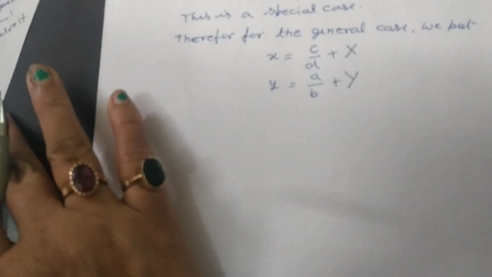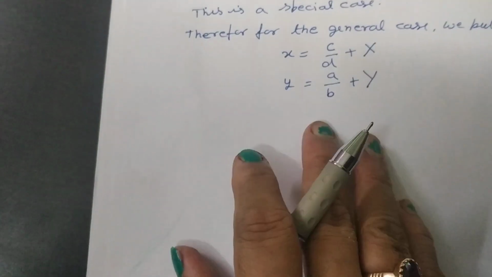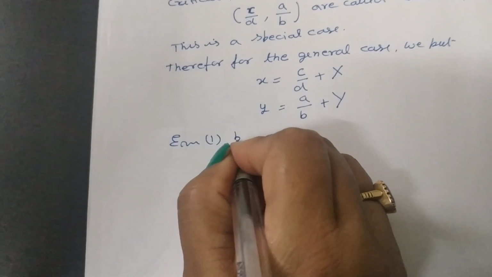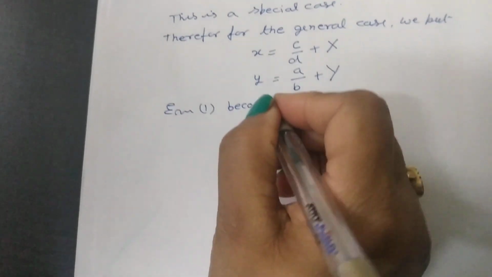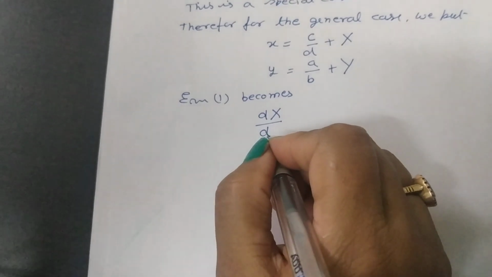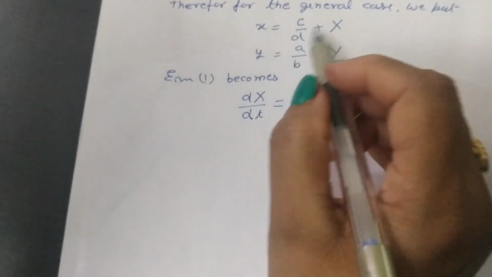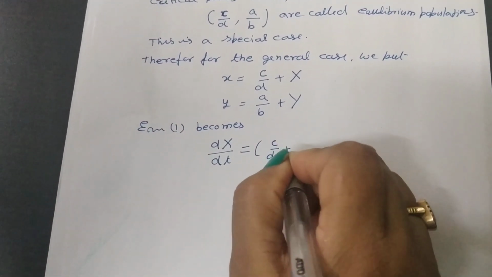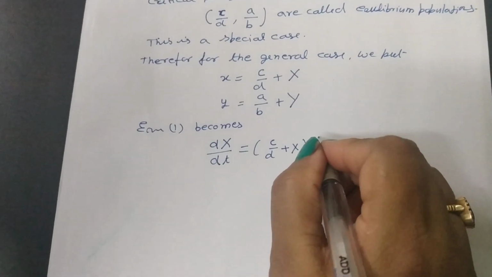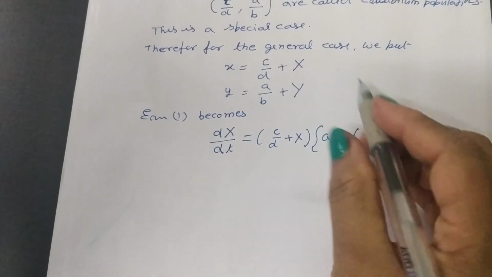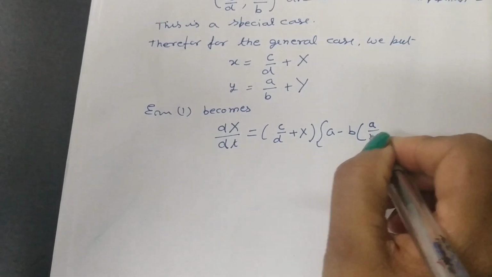So to solve these equations, the equation 1, the system 1, becomes dx by dt is equal to, substituting x which is c by d plus x, that is c by d plus x times a minus b, and at the place of y we substitute a by b plus y.